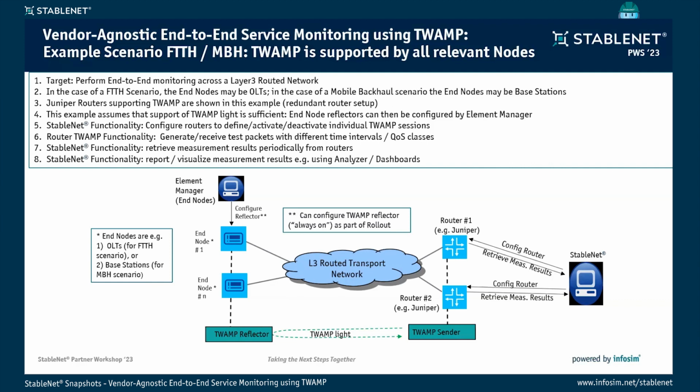Now, what happens here in this scenario? You can see the block called TWAMP sender, and at this point in the network, test packets are inserted periodically towards the TWAMP reflector. And they're routed through the layer 3 routed network, and the TWAMP reflector at the end node inserts its own timestamps and then reflects the test packets back.